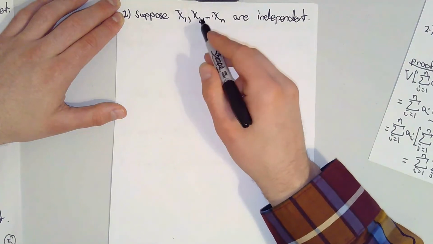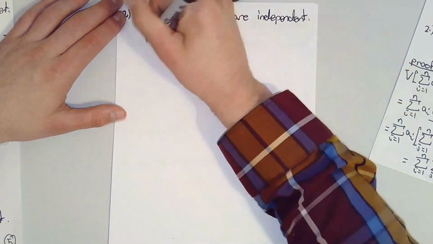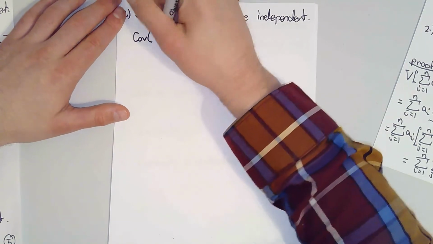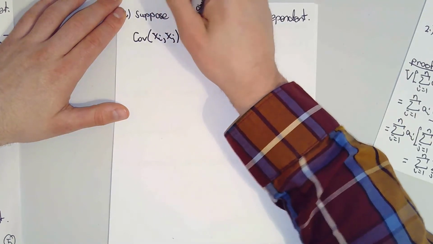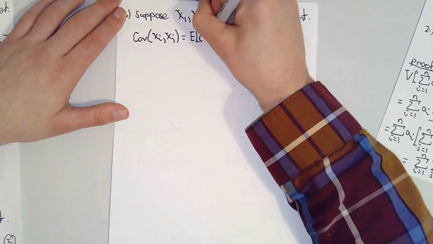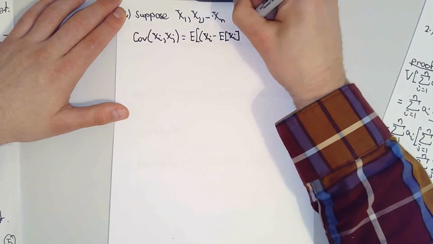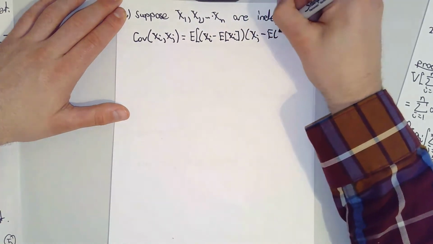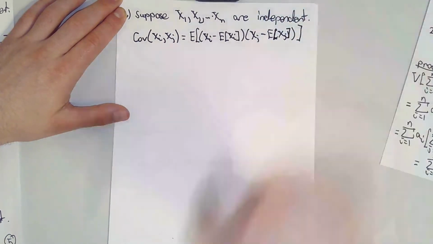suppose X sub 1, X sub 2, all the way up to X sub n are independent random variables. Then it follows by definition that the variance looks like this.